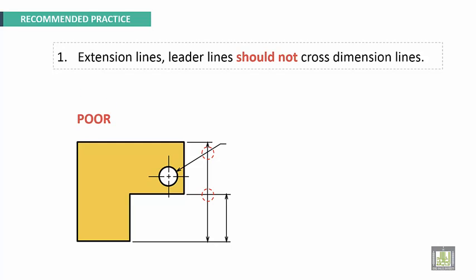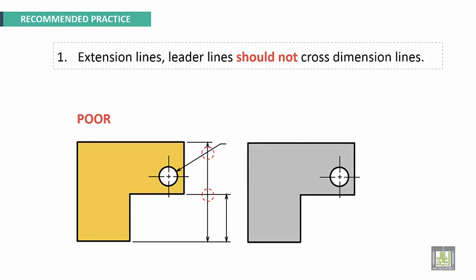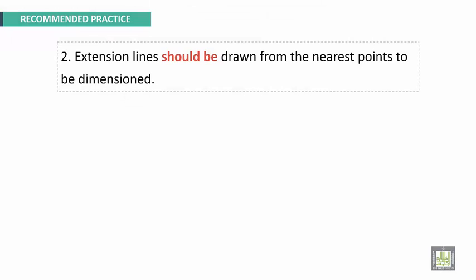This is poor. The good representation is the following. This is the first dimension, this is the second dimension, and this is the leader line. This is good.